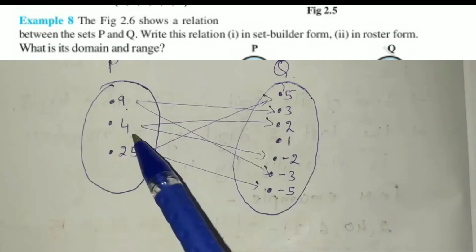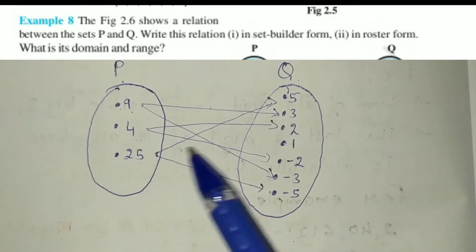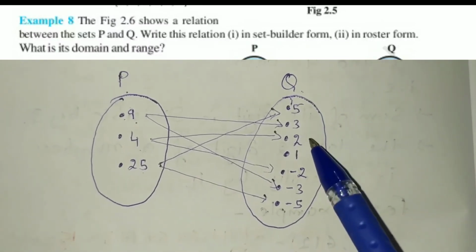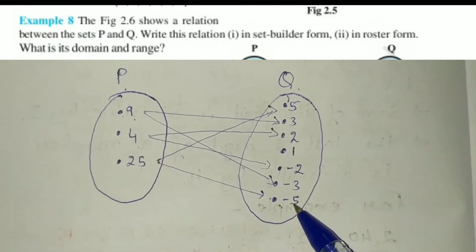Question number 8. In this question, the values of p are 9, 4, 25 and the values of q are 5, 3, 2, 1, minus 2, minus 3, minus 5.